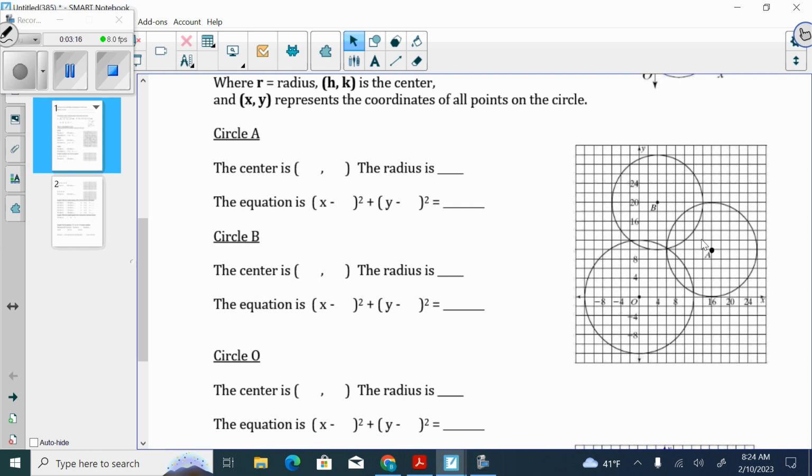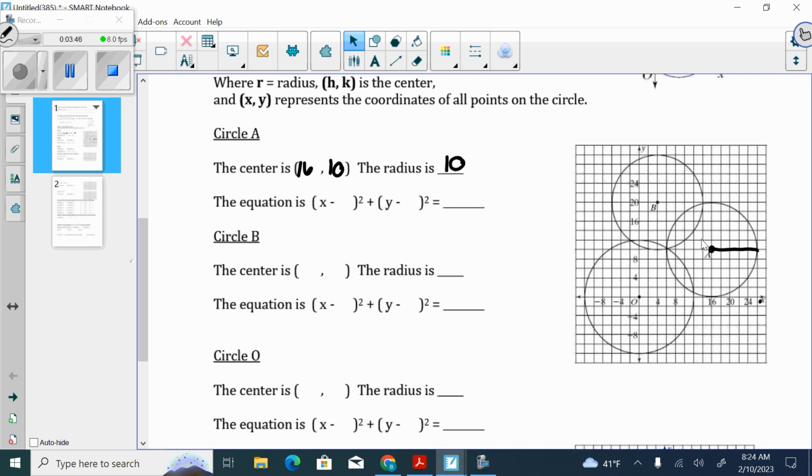What are its coordinates? 16 and 10. Okay. And then it asks what the radius is. So you would just count how many it is from the center to the edge. So that goes all the way from 16 to 18, 20, 22, 24, 26. So from 16 to 26 means we have a radius of 10.